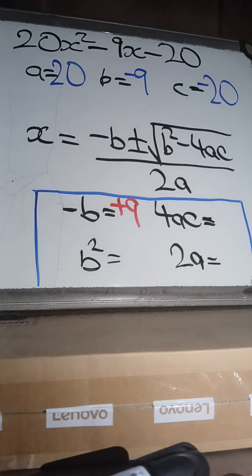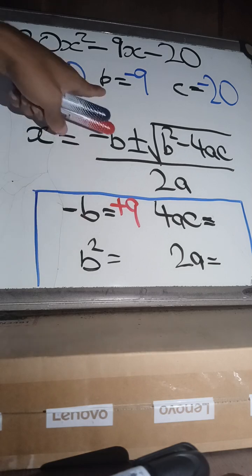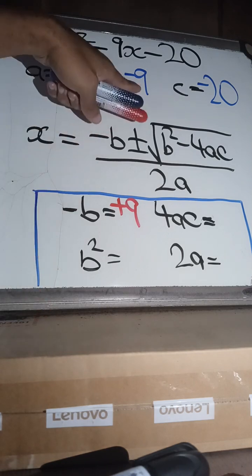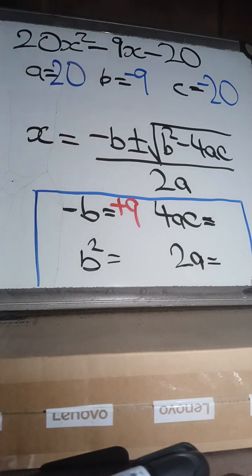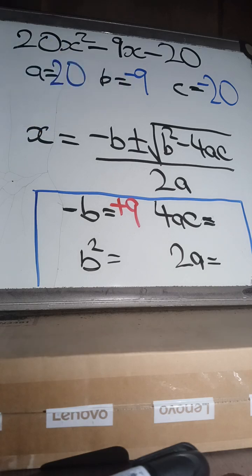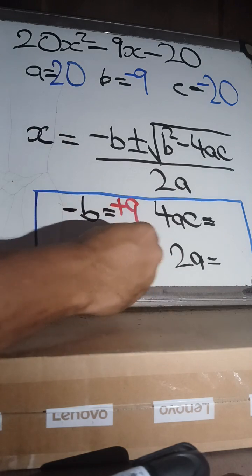Now, when you square B and the B is minus 9, B times B is B squared. Minus 9 times minus 9, as you remember, when you multiply two negatives, they come out positive. So 9 by 9 is going to be 81. It will come out to be a positive 81.